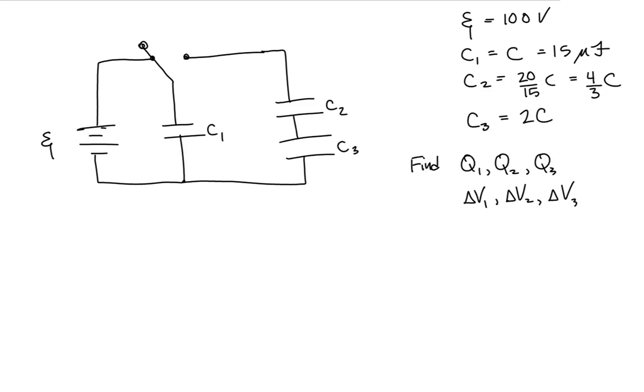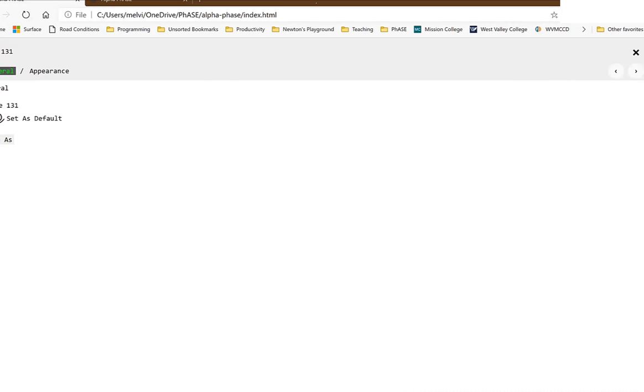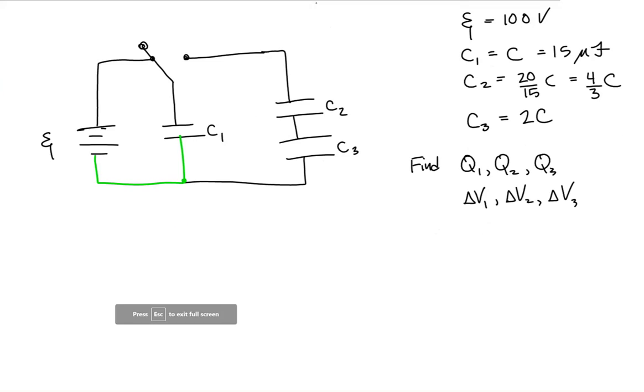I guess the book is using capital A and capital B. I don't know if I like their notation. I'm just going to call this A, this one B, and this one C. And actually, let's call wherever the top of the switch is point B.